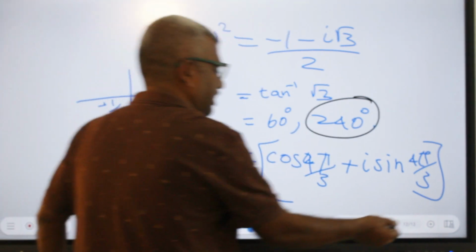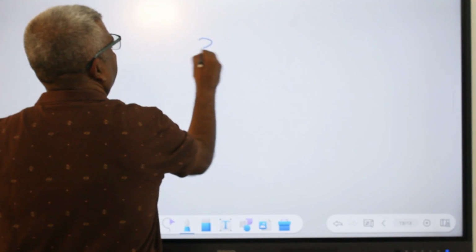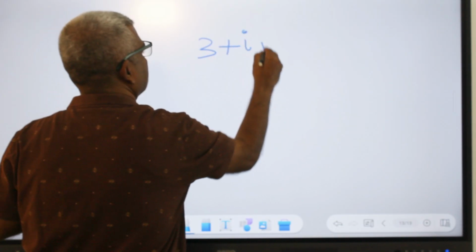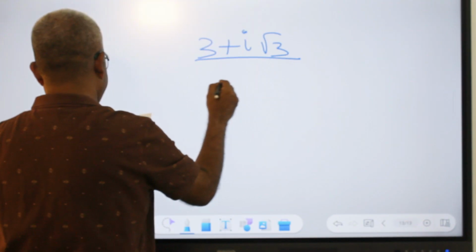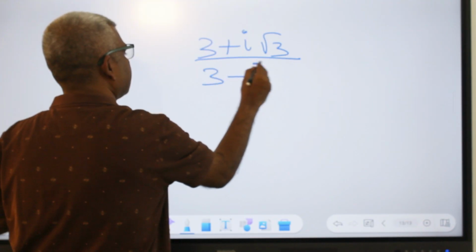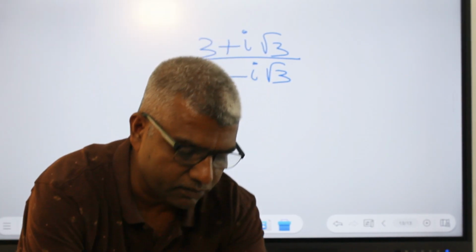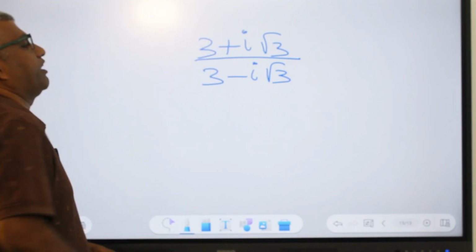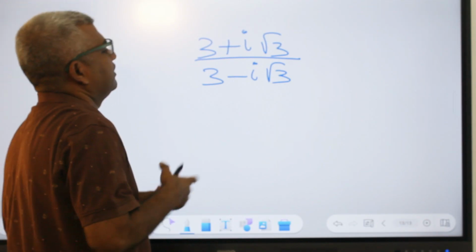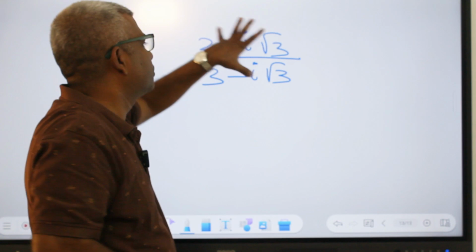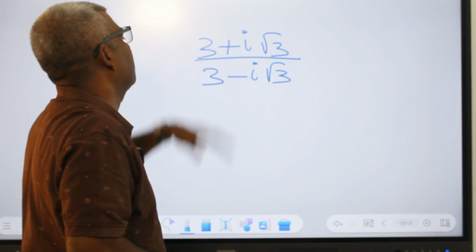Now I am going to give one sum: (3 plus i root 3) divided by (3 minus i root 3). Find the argument of this one. We can connect this to omega or omega square.